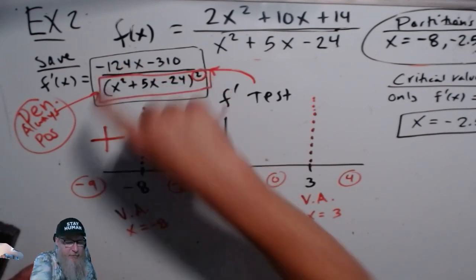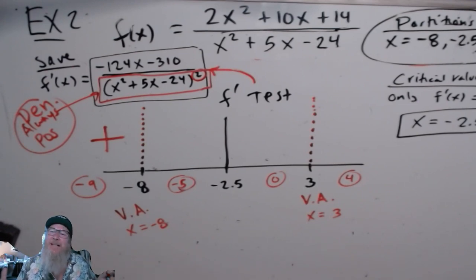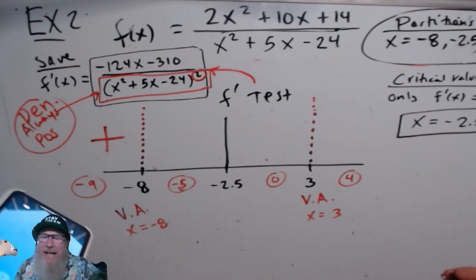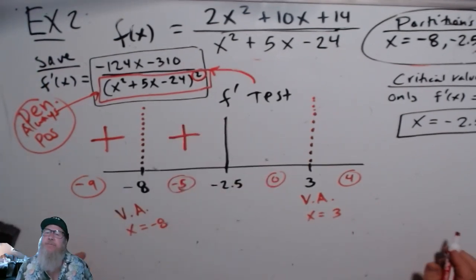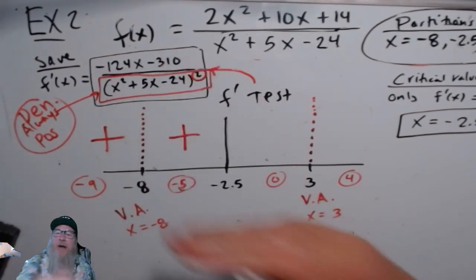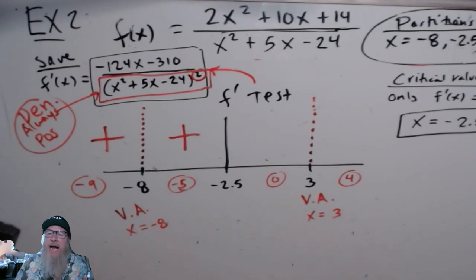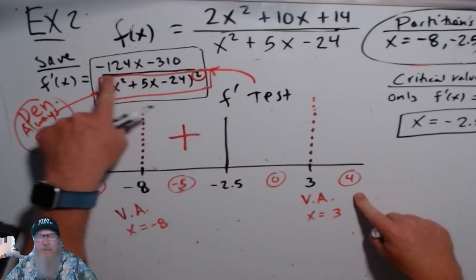Okay? Negative 5. Plug it into there. Negative 124 times negative 5. That's going to be like, what, about 600? And again, if you're not sure, when in doubt, calculate it out, right? But it's still going to be positive, because it's a negative times a negative, and then you're not subtracting enough to bring it down below 0. Okay. Now over here, these guys are going to be negative. You plug in 0, right?